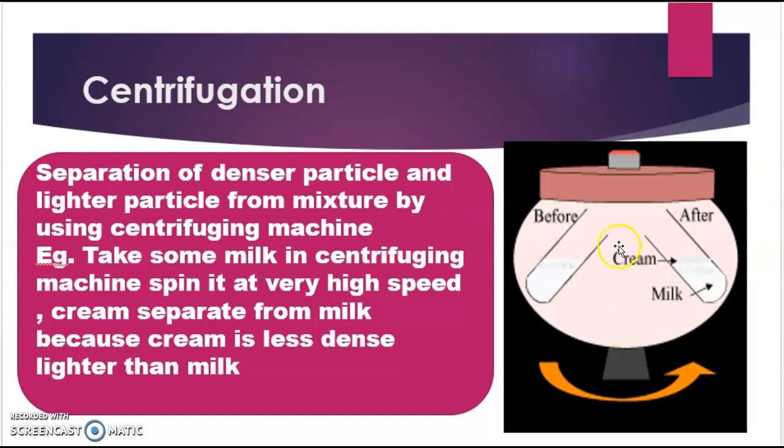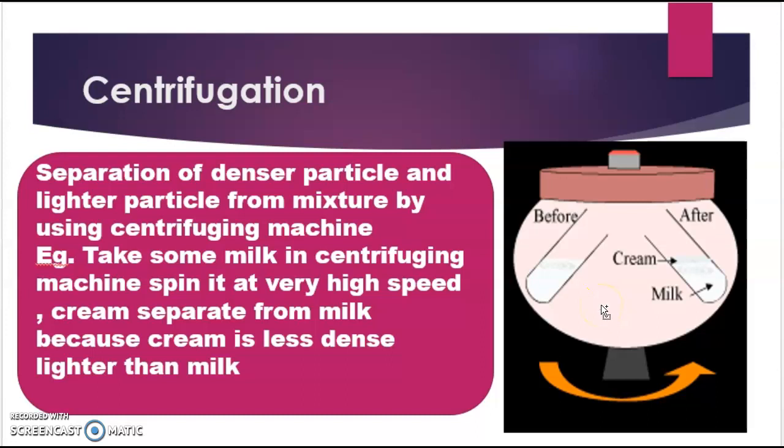Milk is denser than cream. So cream is separated out from the milk if you churn full fat milk by a milk churner or a centrifugation machine. Basically we have to spin it at very high speed so that the lighter, less dense particles are separated from the denser particles having high density. This is the basic principle behind it.